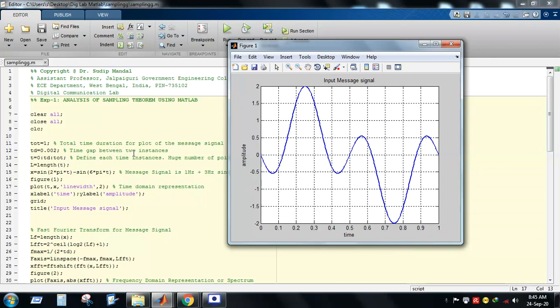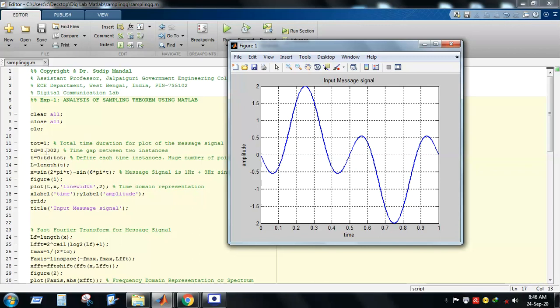Whenever we try to plot a continuous signal in MATLAB, we have to calculate the value of the signal at each timing instance. To make it look continuous, we need to use more time instances. This is basically the gap between two such instances.